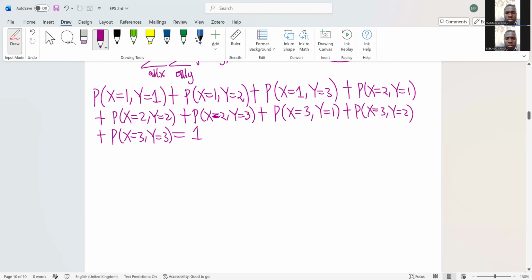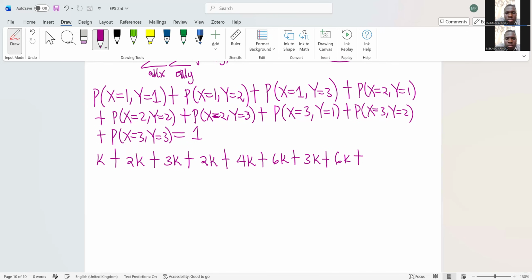If x is 1 and y is 1, we shall have k, then plus x equals 1, y equals 2, we shall get 2k, then plus x equals 1, y equals 3, we shall get 3k, then plus x equals 2, y equals 1, we shall get 2k, plus x equals 2, y equals 2, that is 4k, x equals 2, y equals 3, that is 6k, x is 3, y is 1, that is 3k, x is 3, y is 2, 6k, x is 3, y is 3, that is 9k, and we equate to a 1.